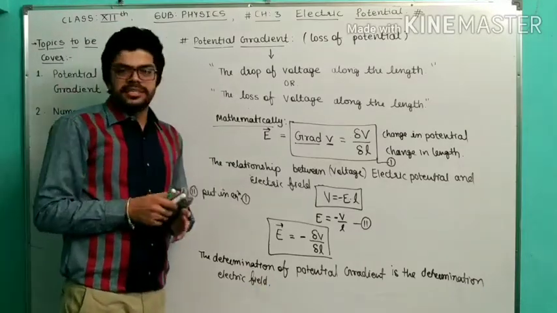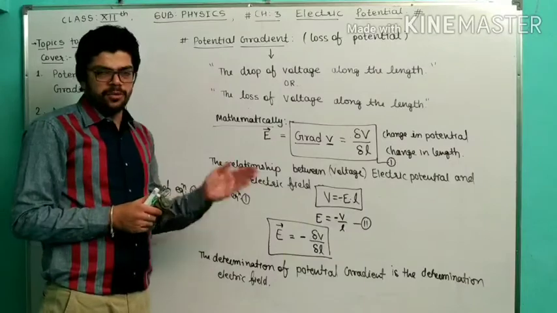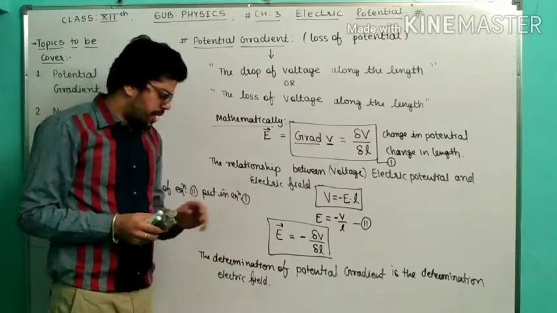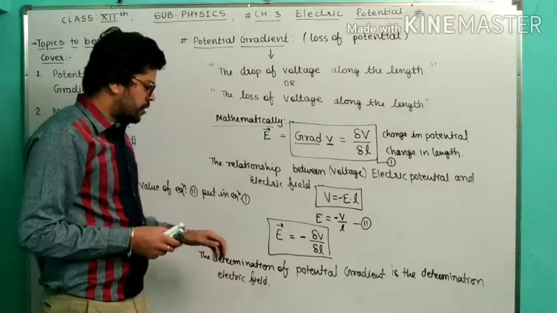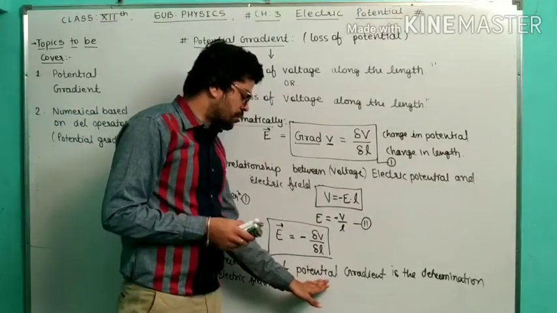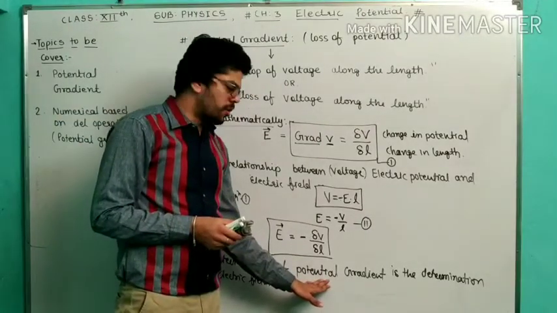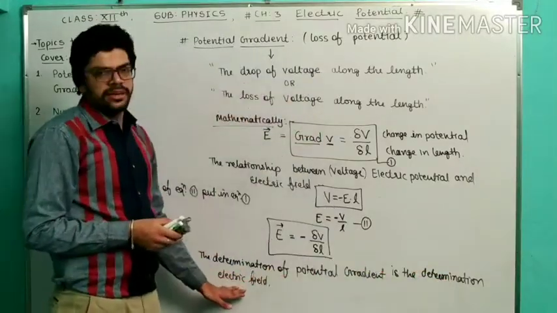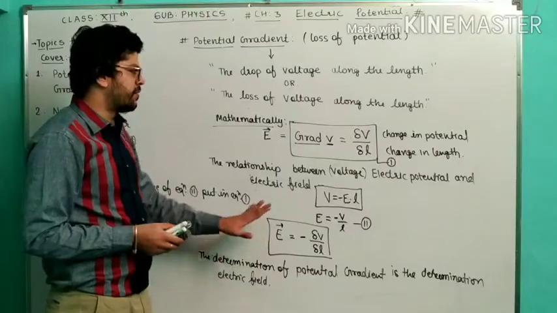It means I can say that electric field and electric potential are in opposite directions. If both are in opposite directions, then when you determine the loss of potential, you automatically determine the electric field.